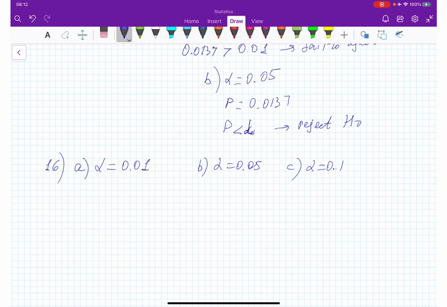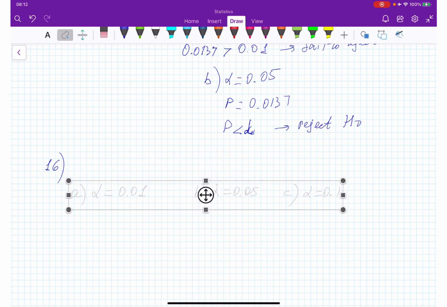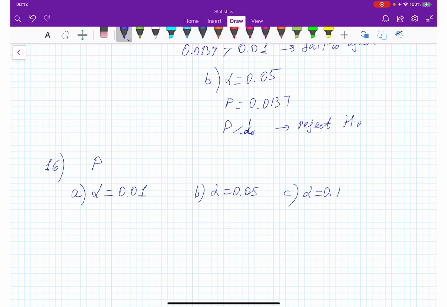For all three, the p-value is the same, equal to 0.0435.